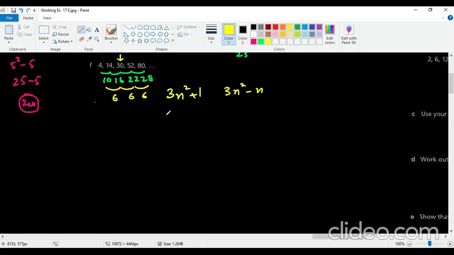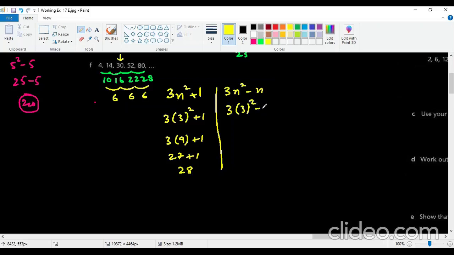Now, if I try it with this one, that means 3 square plus 1. That means 3 times 9 plus 1. That means 27 plus 1 is a 28. Now, which is wrong. We should get a 30. Now go for the second option of term rule. Here I'm saying 3n square minus n, which is the n term.